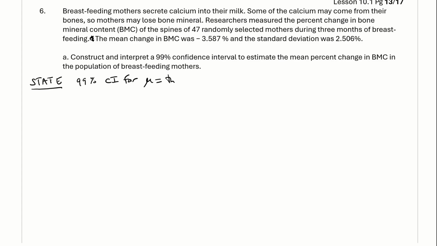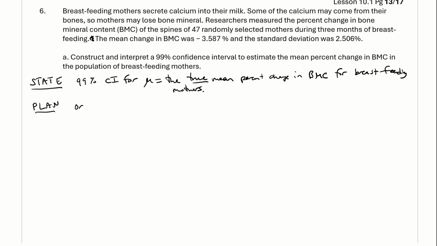So mu equals the true mean percent change in BMC for breastfeeding mothers, right? All right, so that's the state. Now we're going to do the plan. So we are doing a one sample t interval.